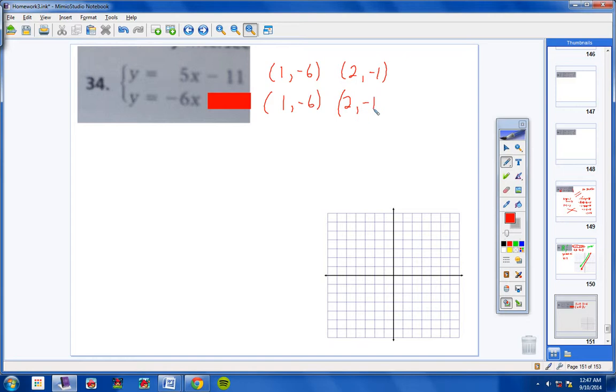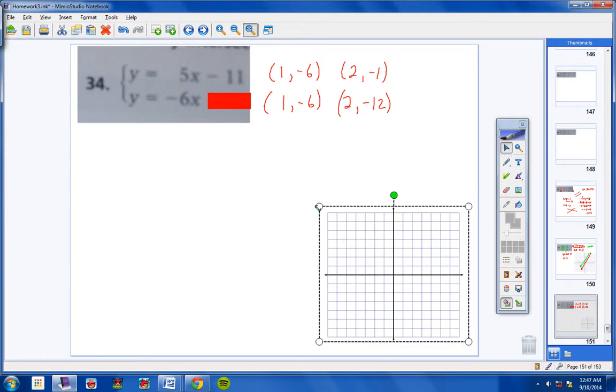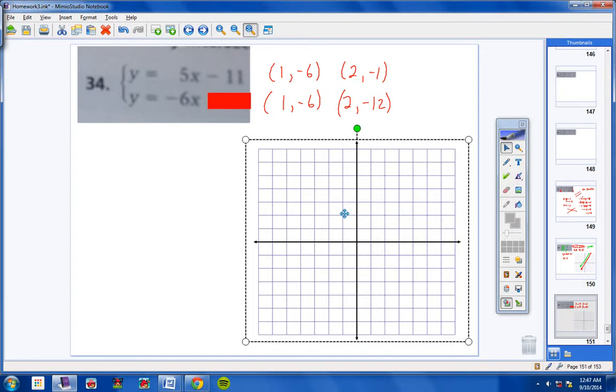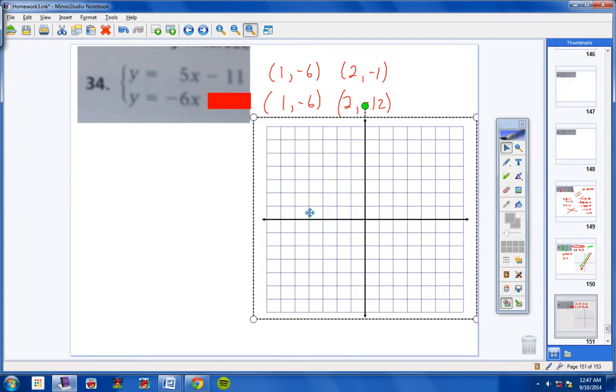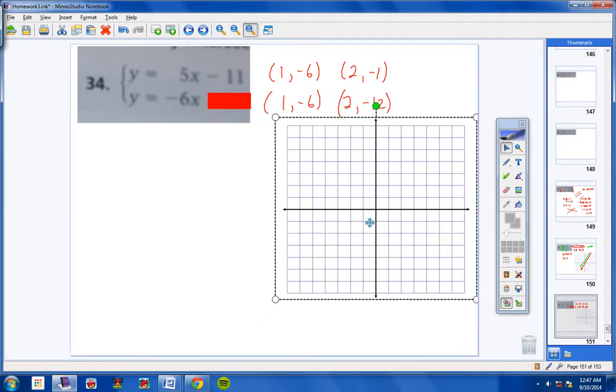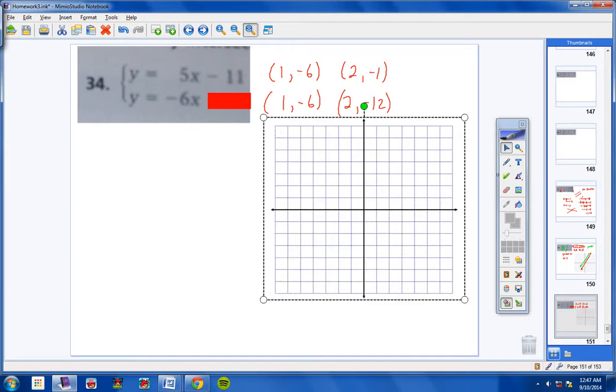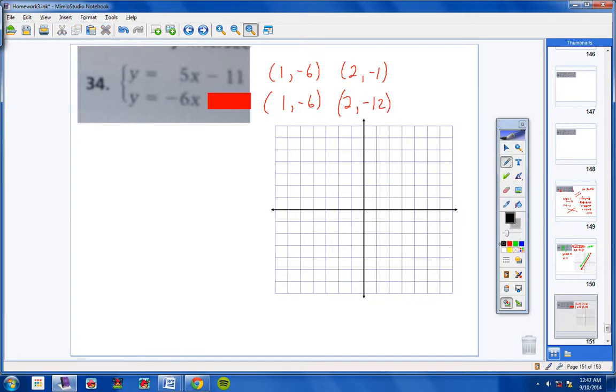Okay, so let's go ahead and graph the first line. The first line is going to be over 1. Let's make this a little bigger so we can see it. Also, I'm going to have to make my y-axis go down a little bit more, I do believe. So let's do that very quickly here. 1, 2, 3, 4, 5, 6, 7, 8, 9, 10, 11, 12.